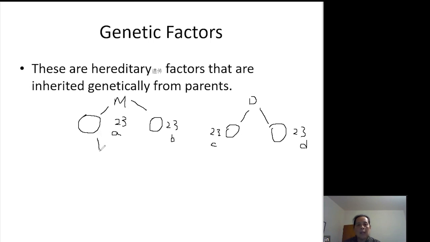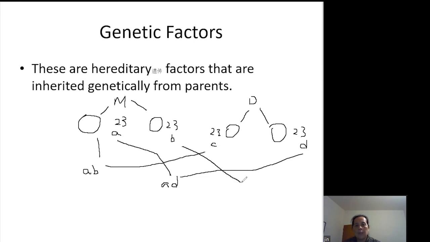They may come in like A with C, AC here, AD here, possibly forming BC here, BD here. So right now it looks like we only have four different types of reproductive cells combining from the moms and dads.